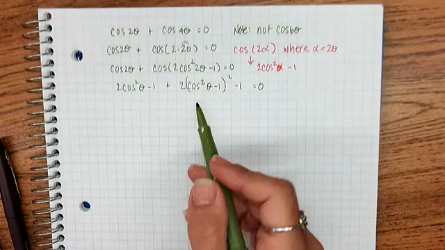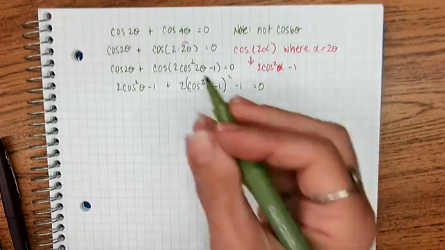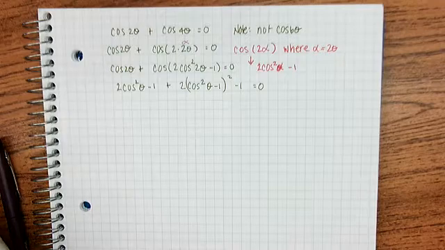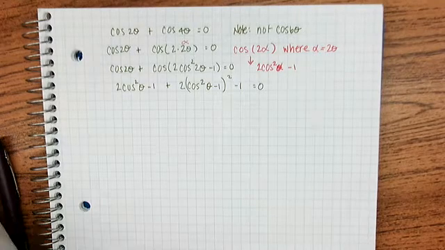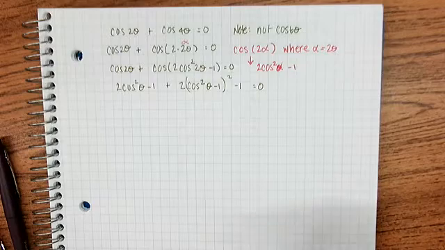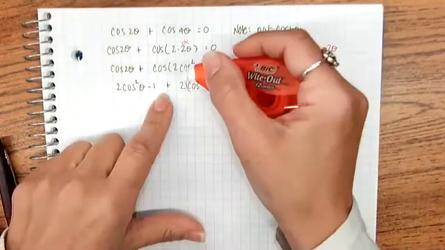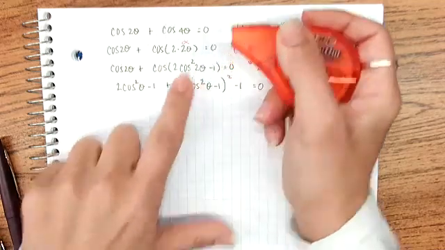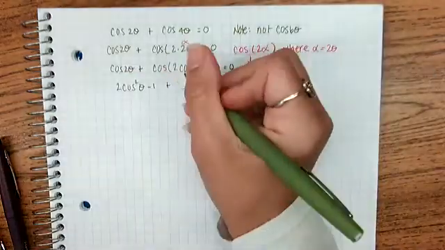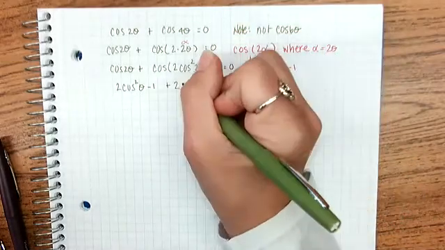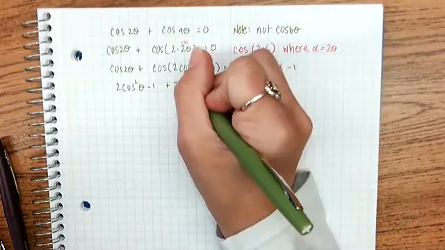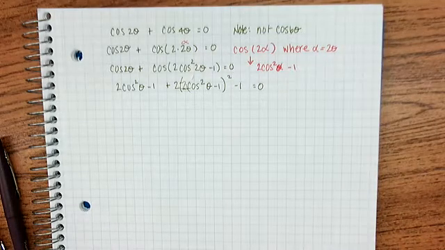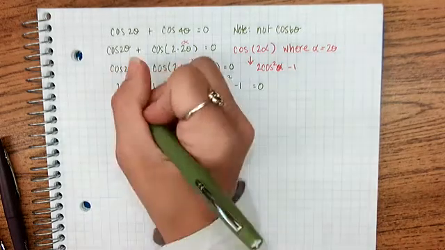And I have forgotten the 2 because it's 2 cosine squared alpha. So there needs to be another 2 in there. One of these days I will learn to use erasable pens. So this should be 2 parentheses 2 cosine squared alpha. There we go. Okay. All right.